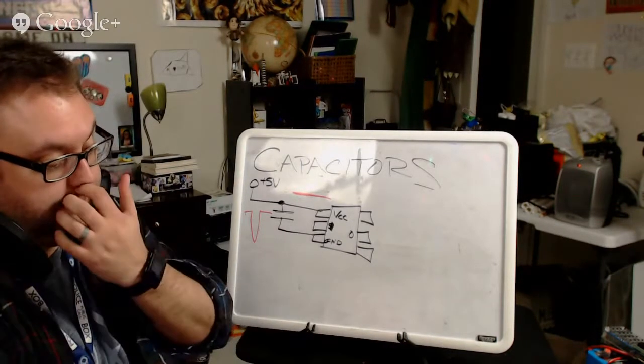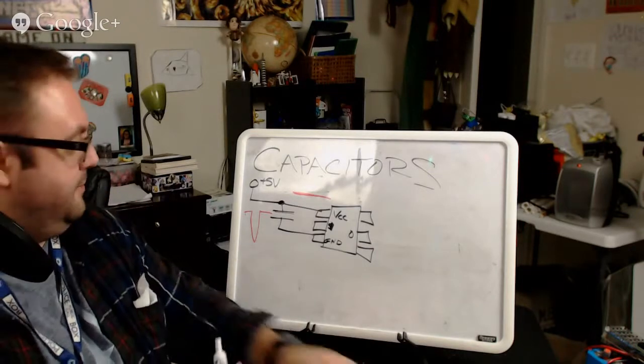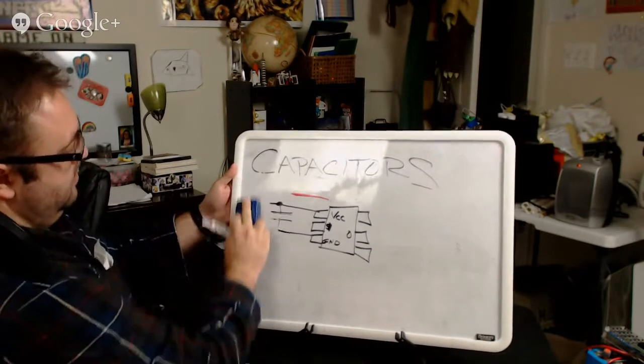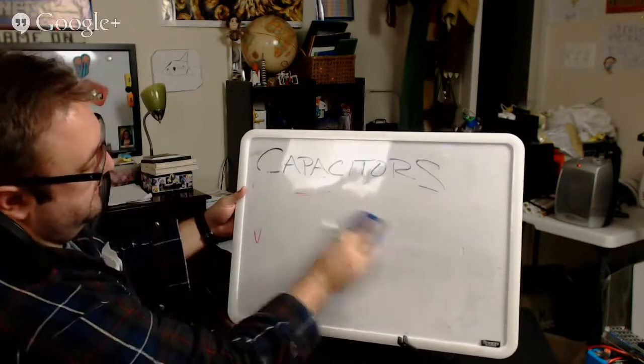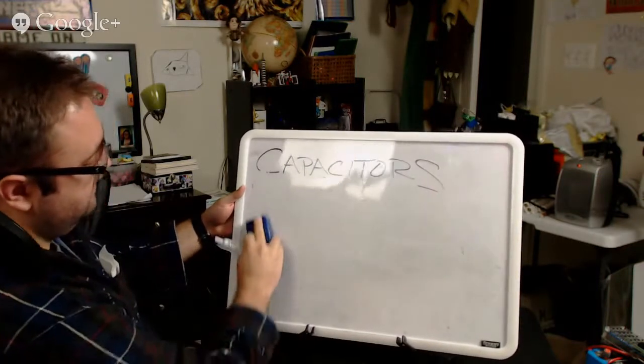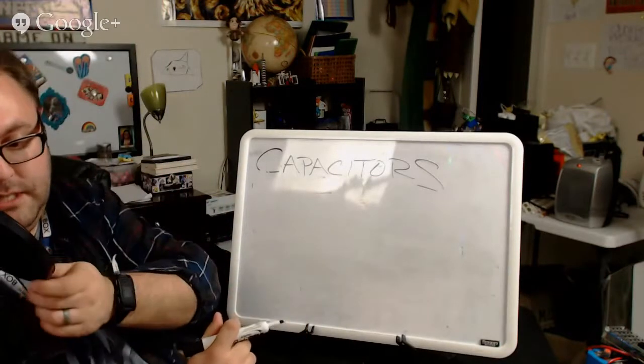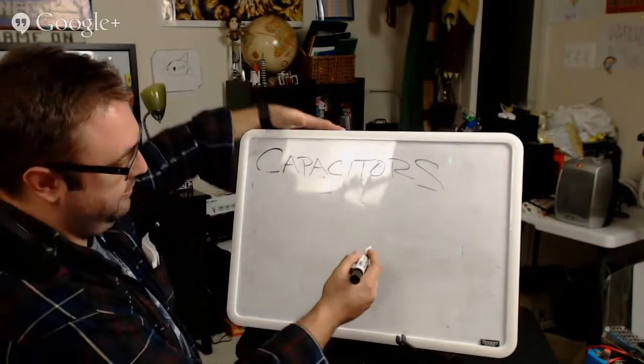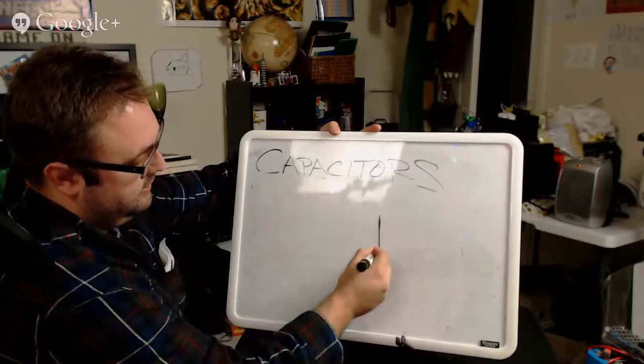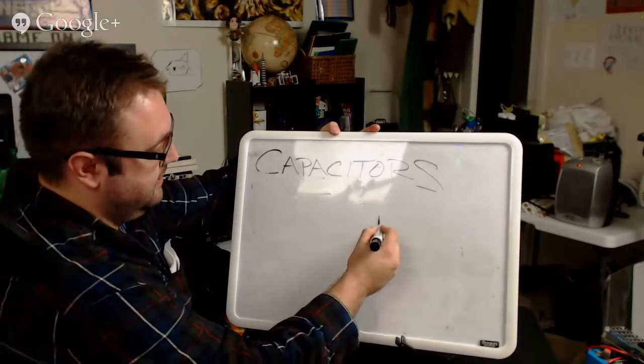Let's see here. DC coupling. That's another use of capacitors. What the heck is DC coupling? I'm going to give you a sneak preview of something way in the future that we'll talk about, but we'll do a little transistor here.